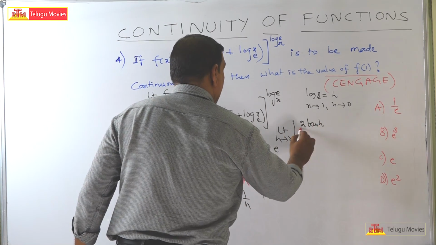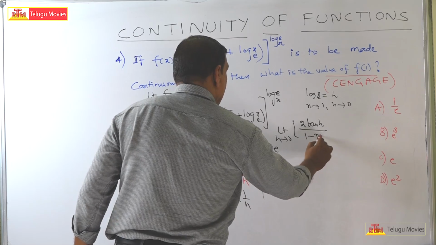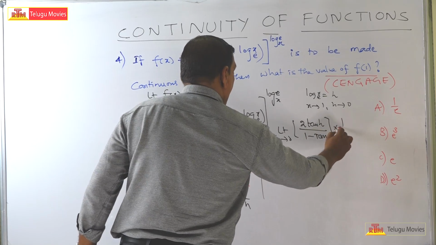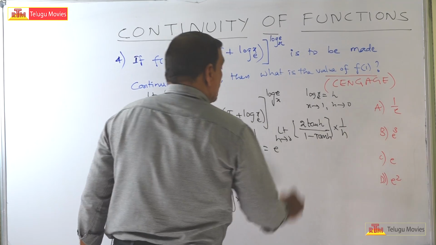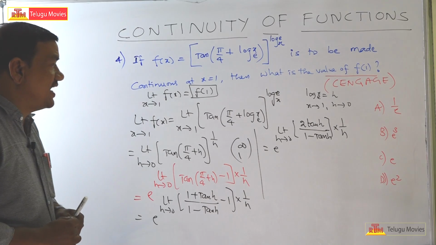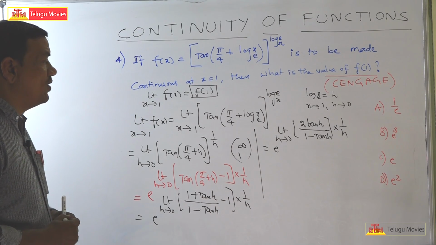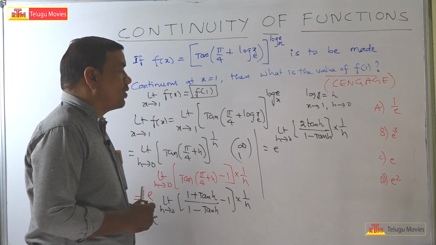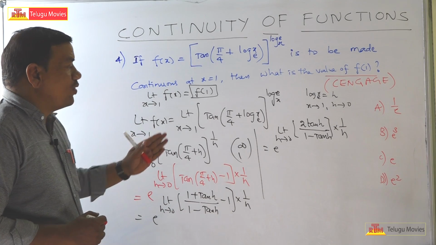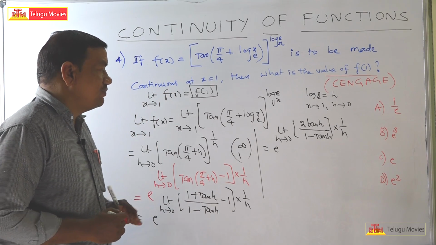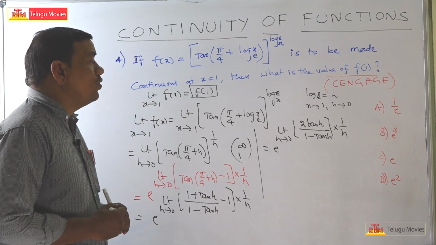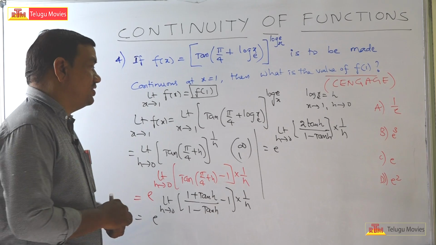So 2 tan h by 1 minus tan h, into 1 by h. Then how to proceed with this problem?